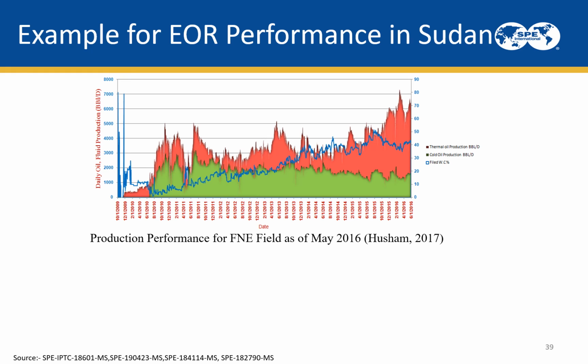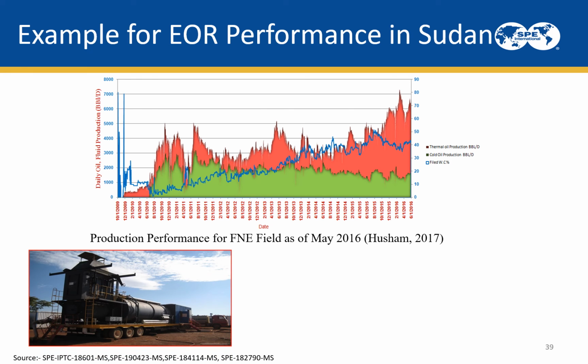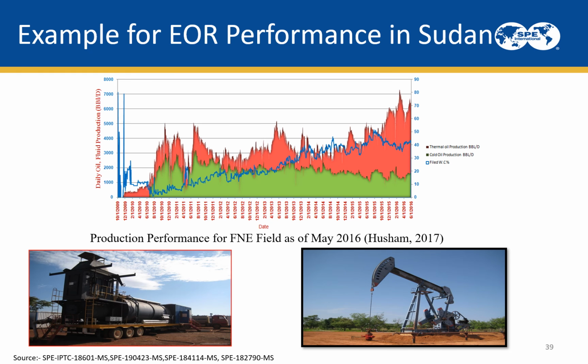We can see there is a clear contribution from steam injection and CSS wells to the total production of this field. It's very clear, and at times the production even doubled through EOR production. This CSS has been implemented by mobile boiler, and the production mostly uses PP.